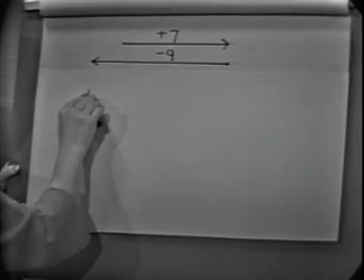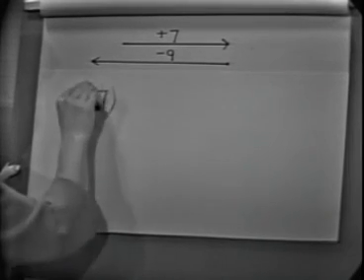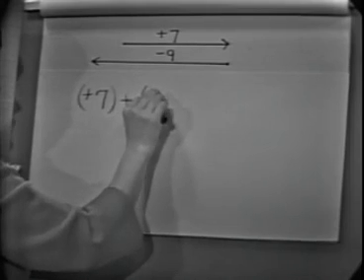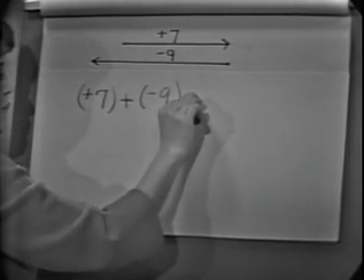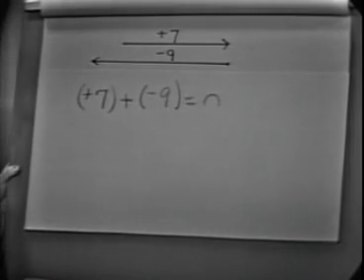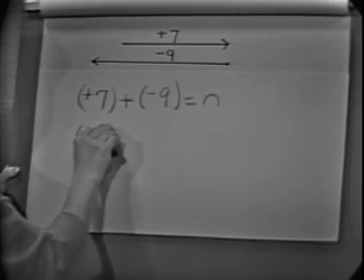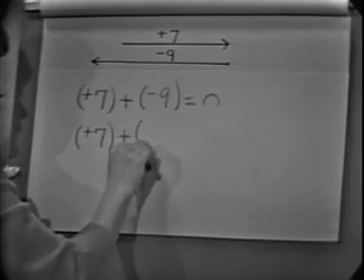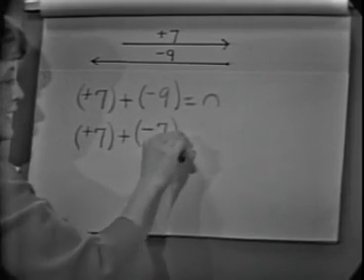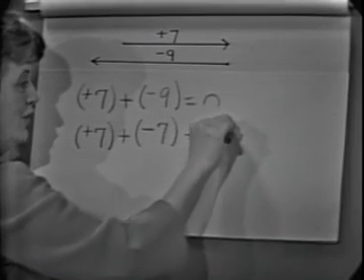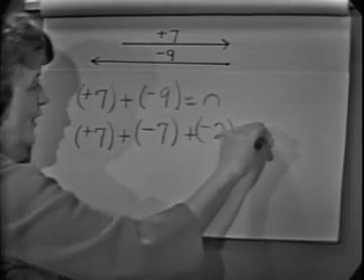We express then our sentence. A positive 7 plus a negative 9 must equal n. Continuing then, a positive 7 plus a negative 7 plus a negative 2 is equal to that number.